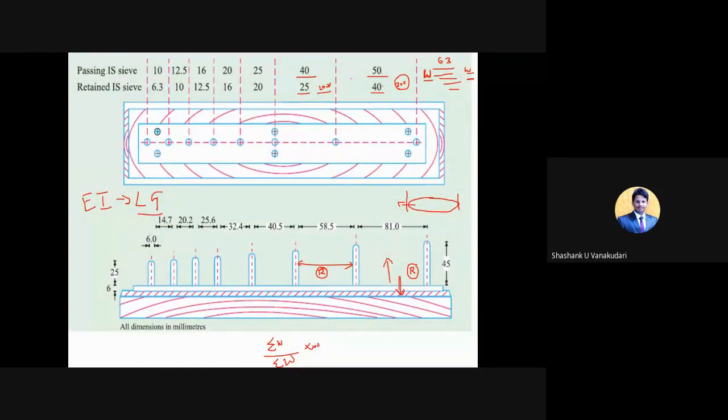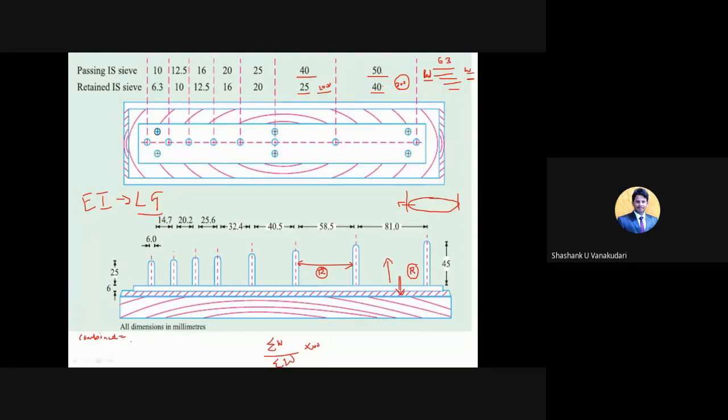Once you have checked and got the results, how do you decide whether it is suitable for construction or not? For that, certain limits have been given. We decide depending on the combined index. The combined index is the summation of the flakiness index and the elongation index.